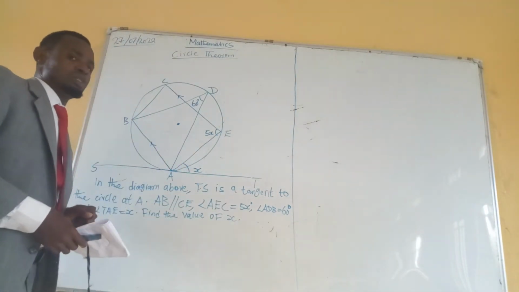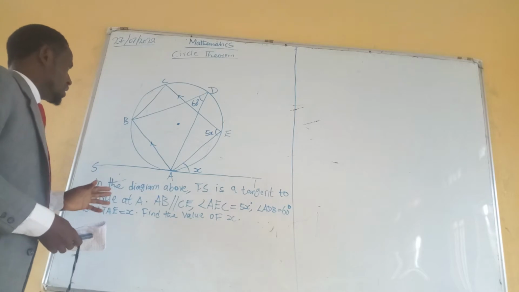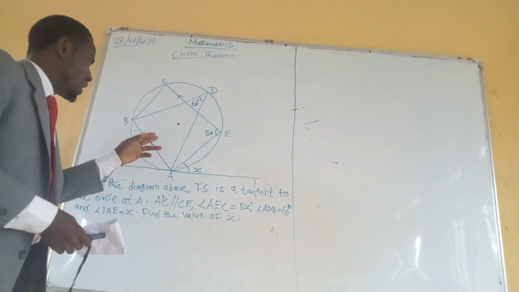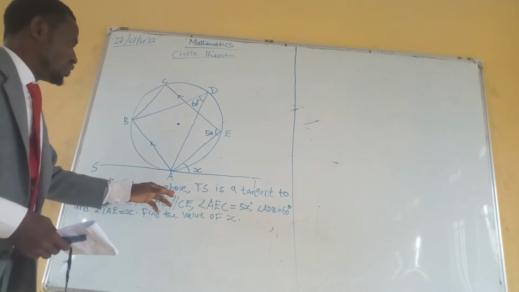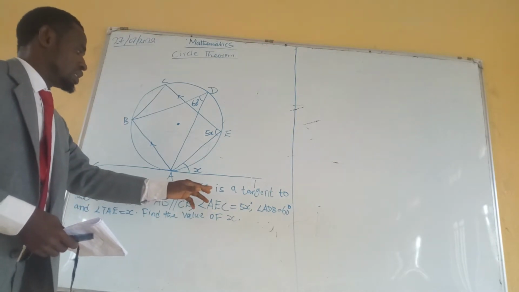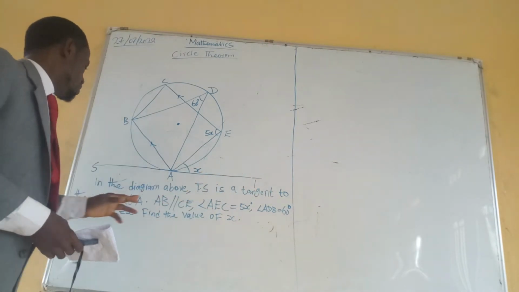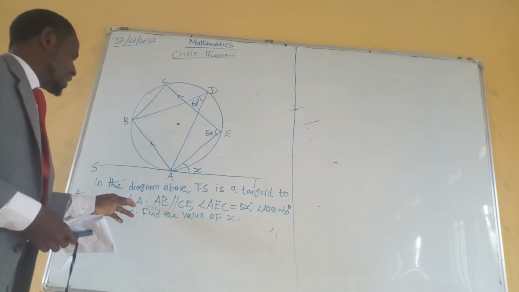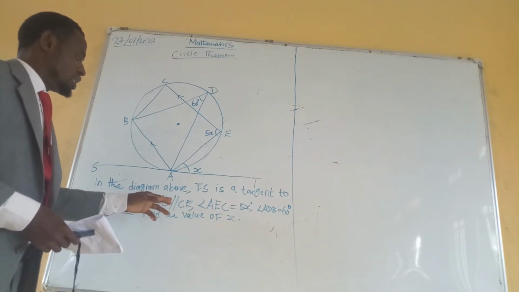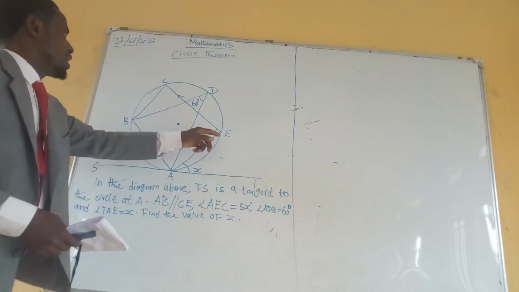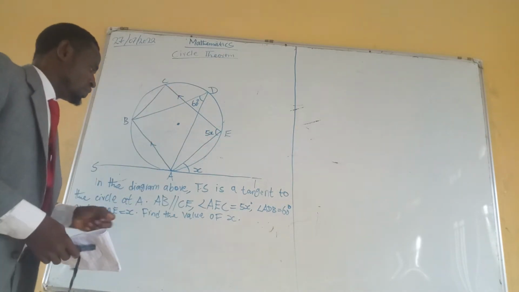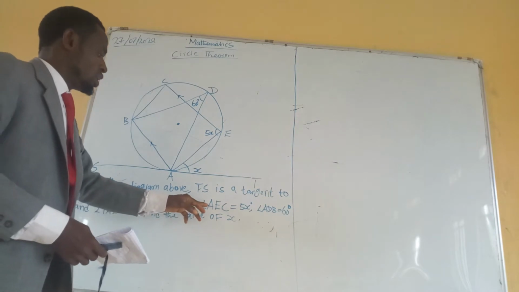This is a problem on circle theorem. On the diagram, we have a circle, and the question says, in the diagram above, TS is a tangent to the circle at A. AB is parallel to CE.